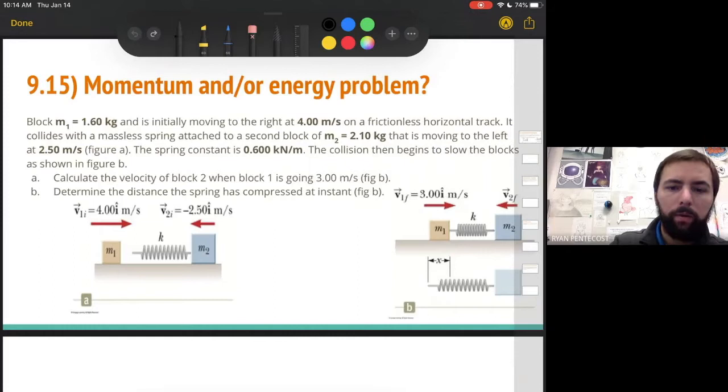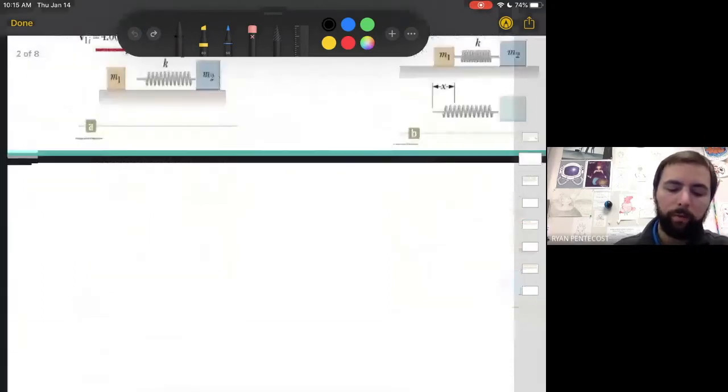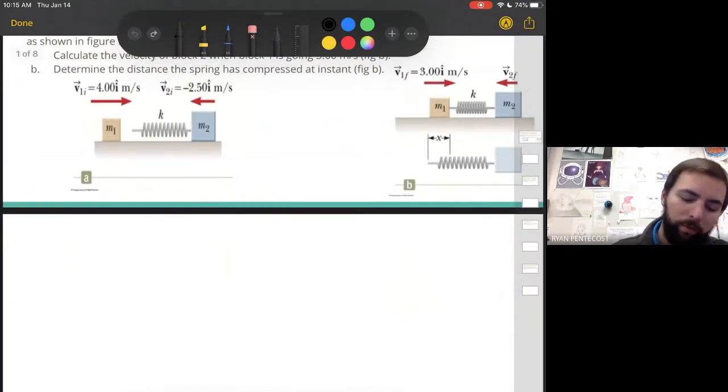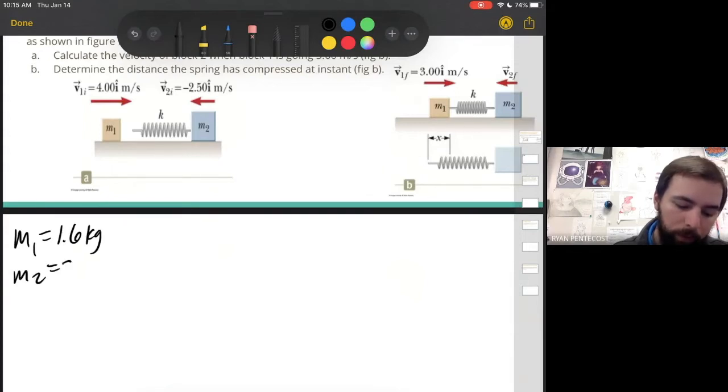So first, we're going to solve using conservation of momentum. Let's get our givens. M1 is 1.6 kilograms. M2 is 2.1 kilograms. V1 initial is 4 meters per second.